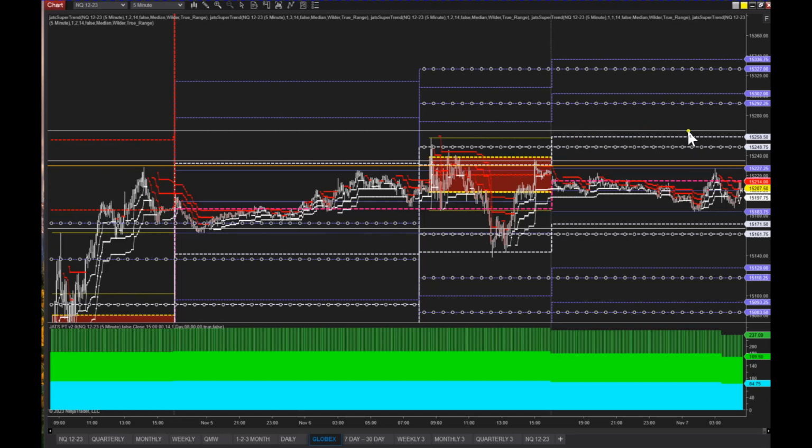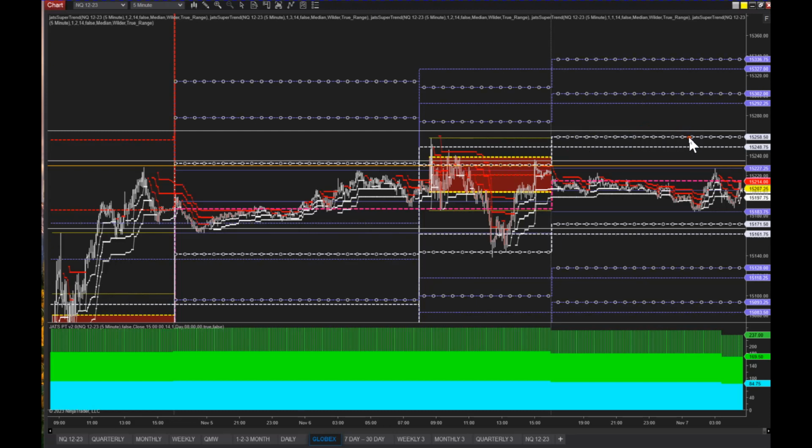And then here I have a line above it at 265, which is our quarterly ones. So 258, 250, that would be our upside targets today.